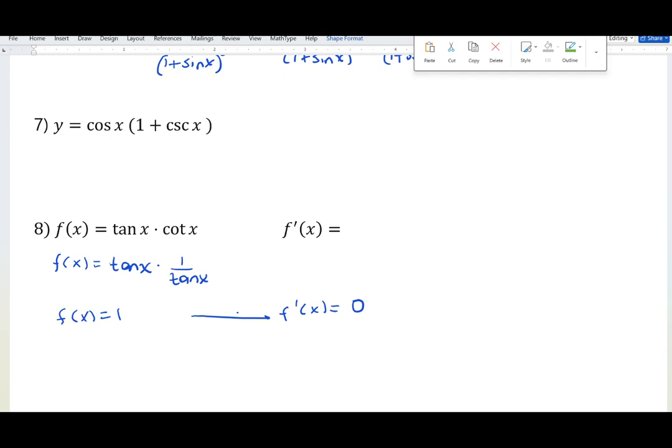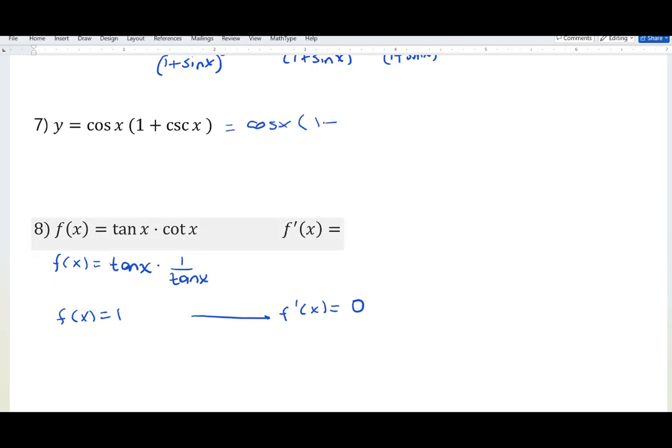So with the products of trig functions, if you see a simplification right away, try to do that before you proceed with differentiation. Like, what do we know about cosecant x? So first I'm going to rewrite cosine x times, instead of 1 plus cosecant x, I'm going to write 1 plus, okay, does everybody remember cosecant is 1 over sine x?